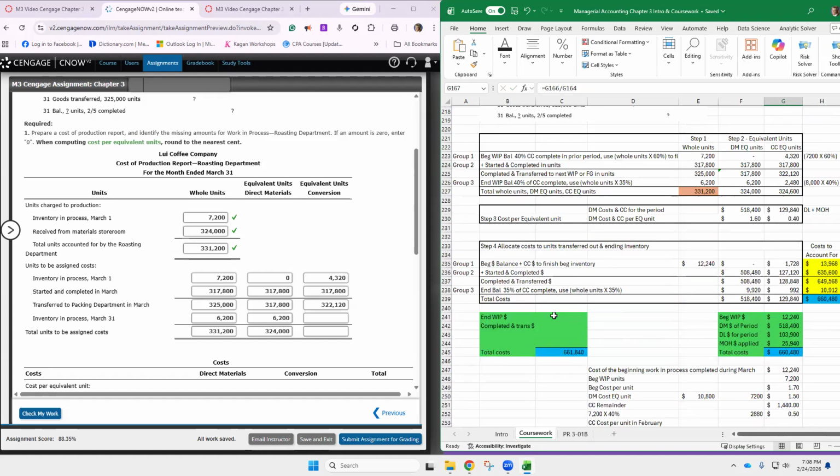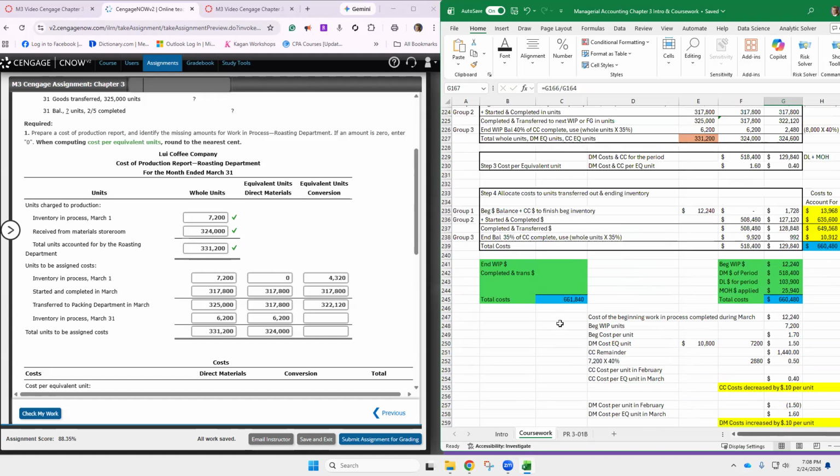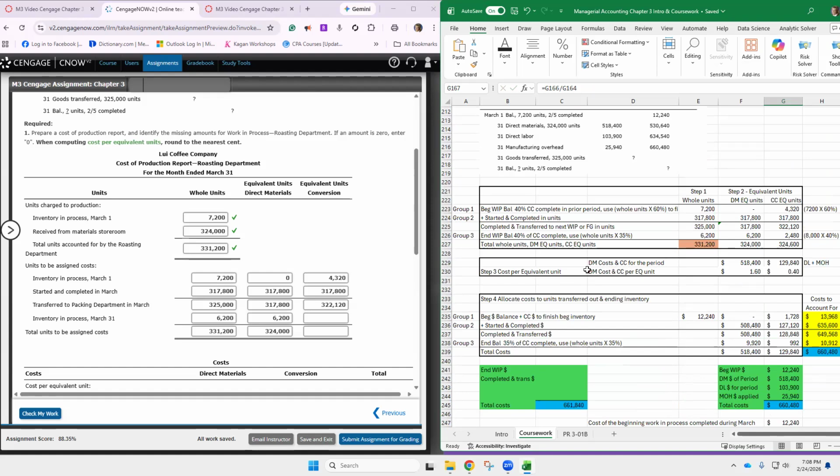You can get real confused really fast. So what I'm trying to get to is it really should be whole units times 40%. So I'm going to change that. I did it okay over here.